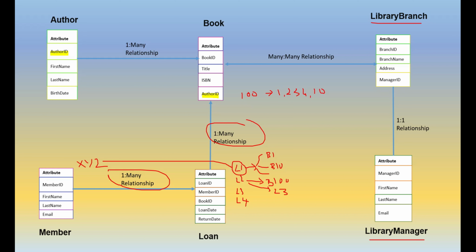And the other way around, let's take the example of book ID 10. This book ID 10 can be in branch 100, branch 200, branch 400. So it is true the other way around also.